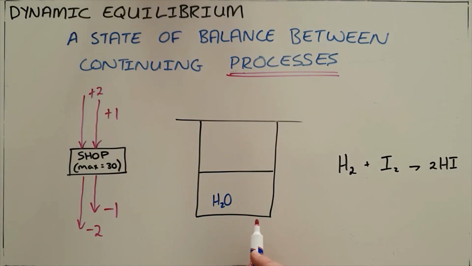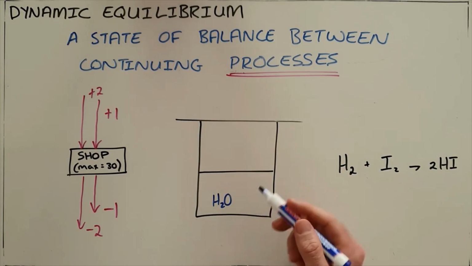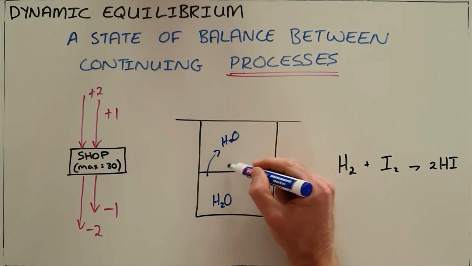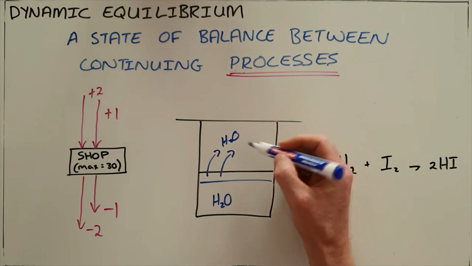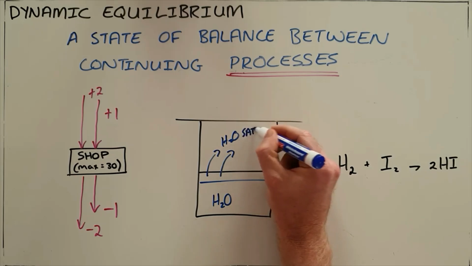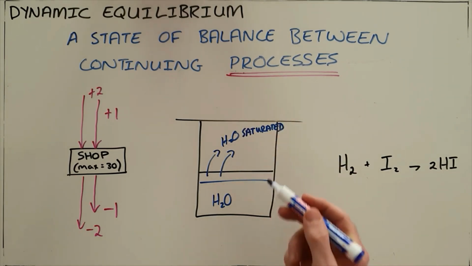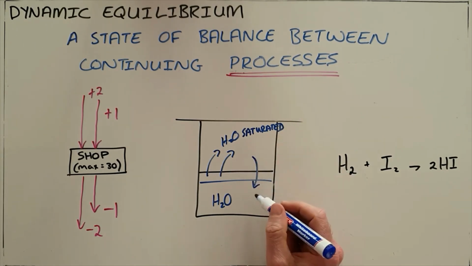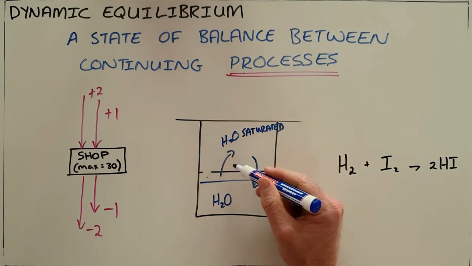A slightly more complicated example is one in which you place a jar of water that is sealed in a room. We know that a certain amount of that water would evaporate to form water vapor, and that would continue until it reaches a point where the air becomes saturated, and at that point we say that dynamic equilibrium is established because every time a water molecule drops back into the liquid phase, another water molecule will be allowed to leave and become the gaseous phase.